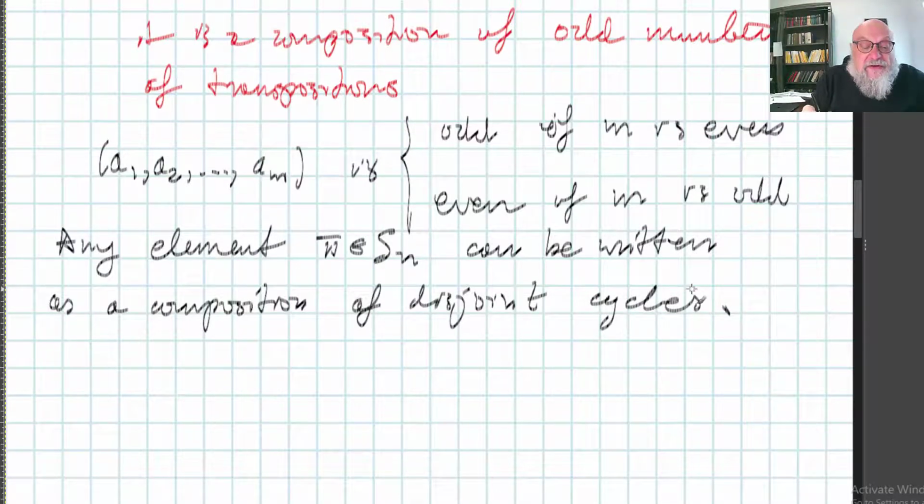What does it mean, disjoint cycles? That means there is no repetition of these numbers in the cycles.